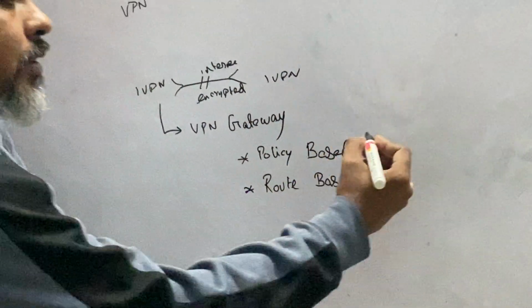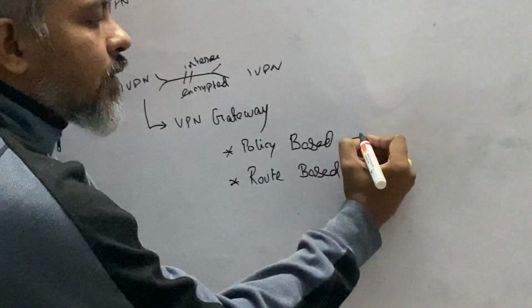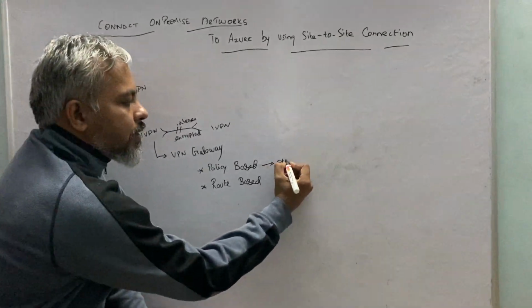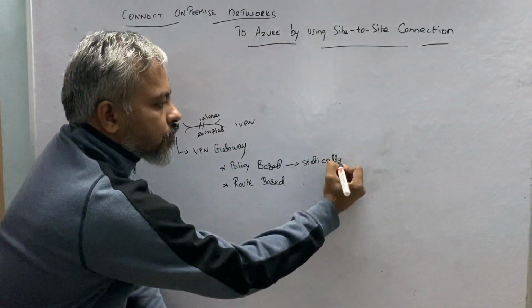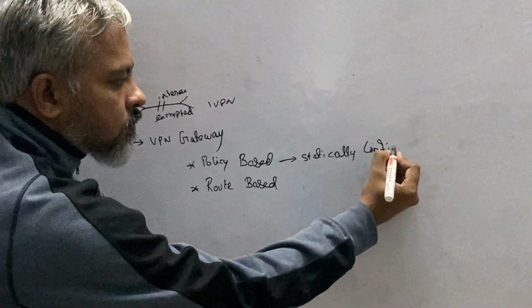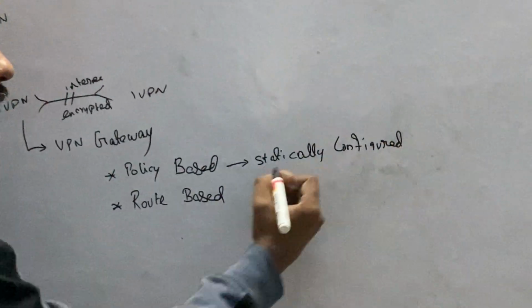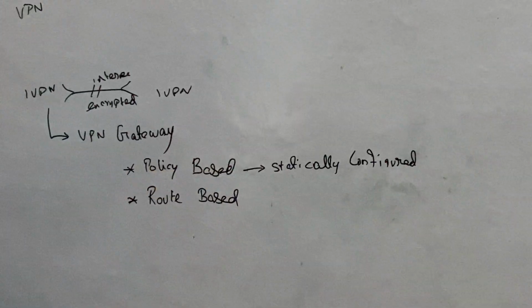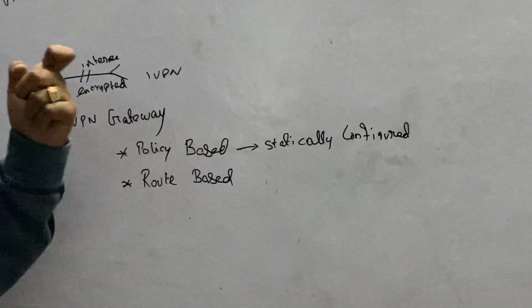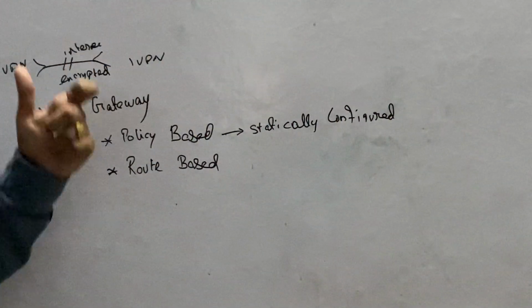What is policy based? It's nothing but static IPs that are statically configured. So for each connection, the IPs are configured in the policies, and it has to be encrypted and decrypted.